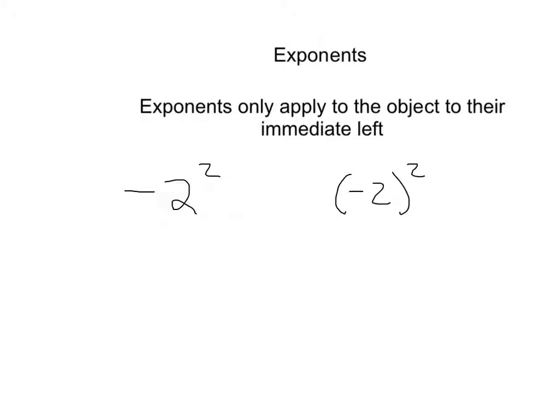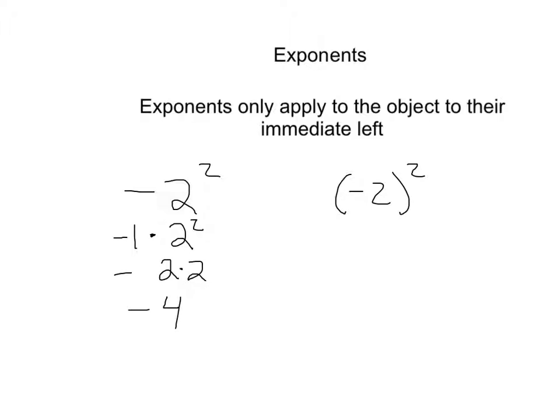Okay? These are actually two different numbers. This one to the left is negative 1, that's the negative sign out front, times, and this 2 is squared. So really the negative is out front, and over here you've got 2 squared, so 2 times 2. So this comes out to be negative, and 2 times 2 is 4.